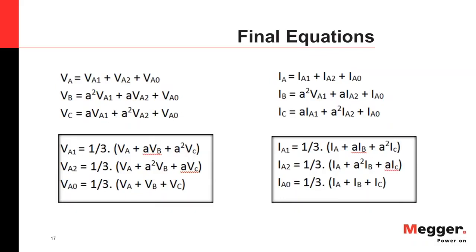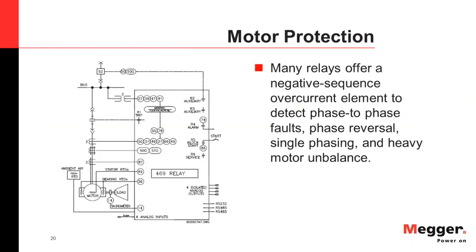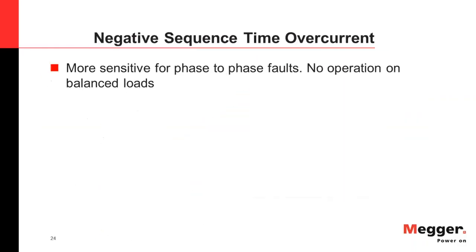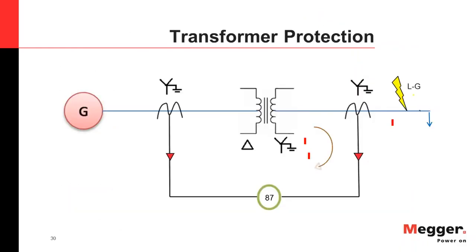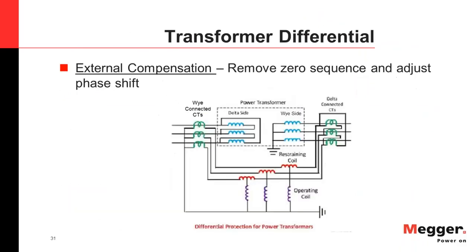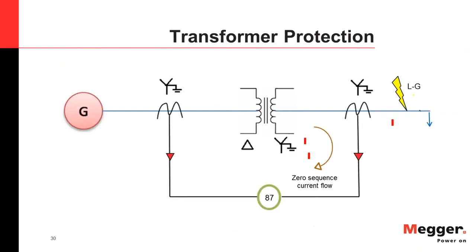I have a question from Matthew. How common is the use of zero sequence current cancellation in transformer differential protection? From what I have seen, a lot of relay manufacturers, microprocessors especially, employ the concept because they don't want their transformer to trip for external faults.